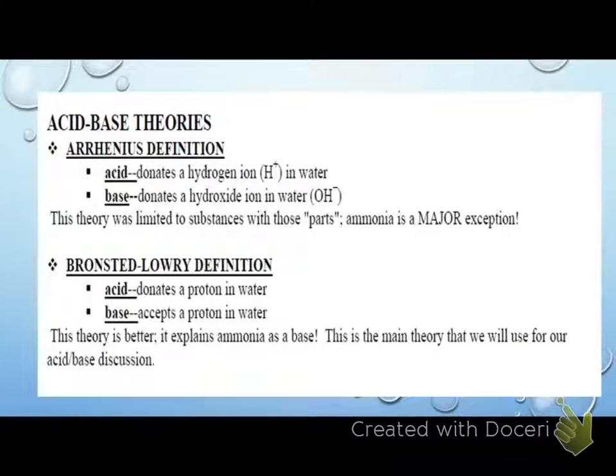Okay. There are 3 definitions of acids that you need to be aware of. One's going to be more important than the other 2, but you do need to be aware. The Arrhenius definition, and this is Chem 1 stuff, so hopefully it kind of rings a bell. The Arrhenius is going to be your strictest definition, meaning there's going to be less things that are considered an acid under this definition.